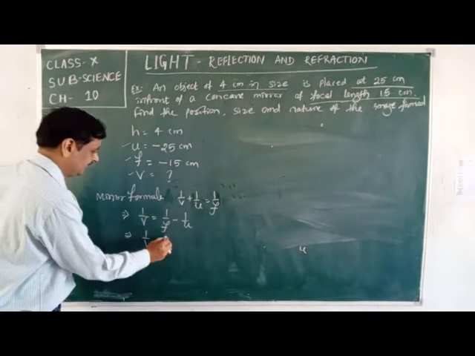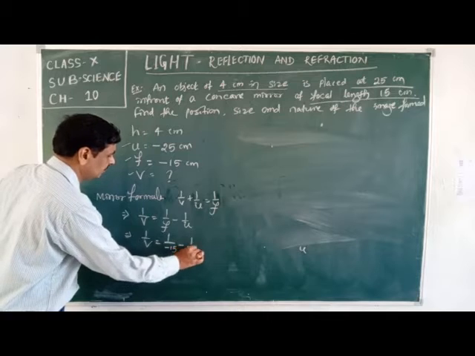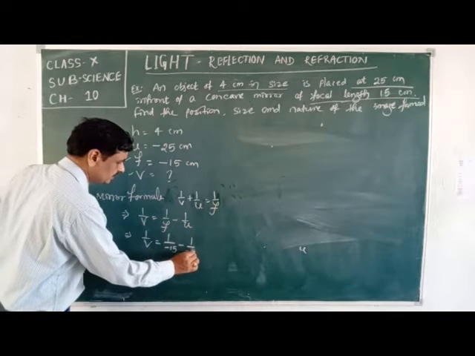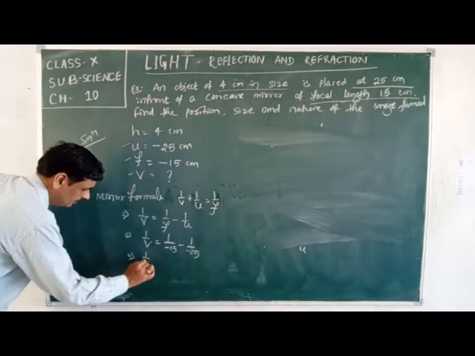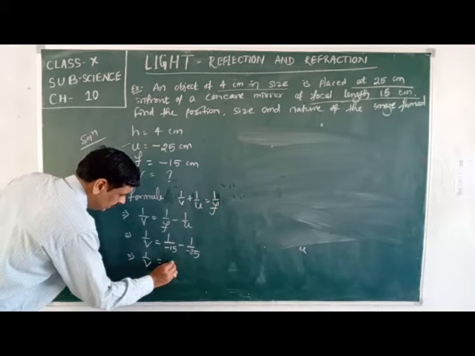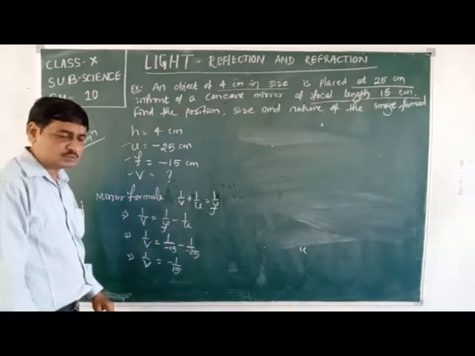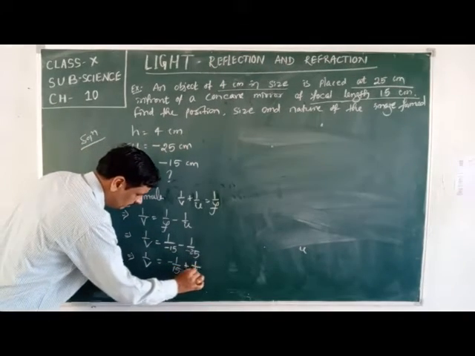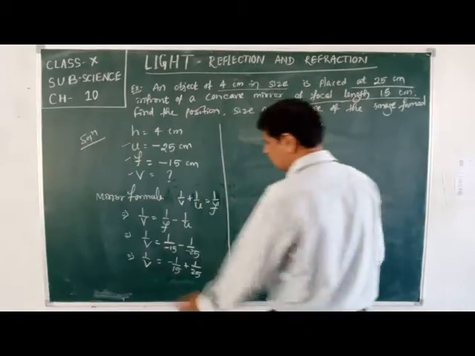It is 1 by f, 1 by minus 15, minus 1 by u. u is minus 25. This implies 1 by v is minus 1 by 15, and minus and minus both become plus 1 by 25.